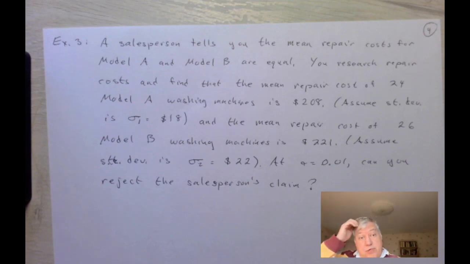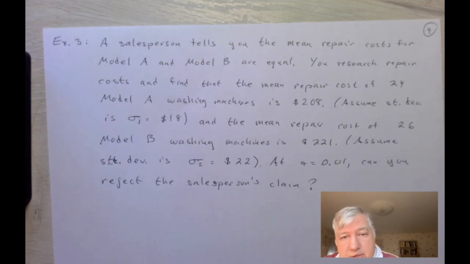And you do your own research, and you take a sample of the mean repair cost of 24 Model A washing machines, and you get $208, and then you take a sample of 26 Model B washing machines, and their repair cost is $221. Somehow you're given that the standard deviation of, not your sample, but your populations is $18 and $22 respectively.